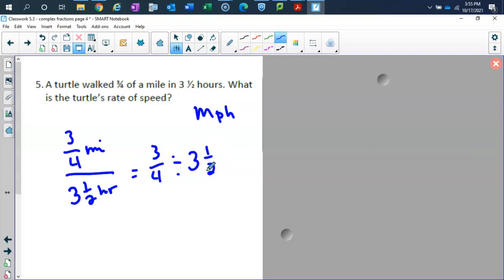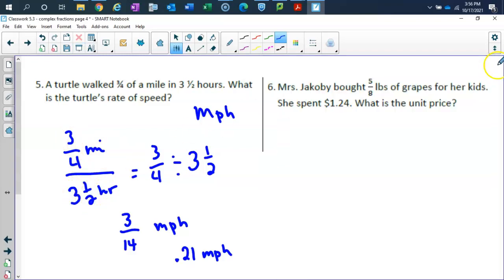And when you punch this into your calculator, you're going to get 3/14 of a mile per hour. Now, if you had that as a decimal, you would have 0.21 miles per hour. And that's going real slow. Think about it. This turtle only went 3/4 of a mile in over 3 hours. So it's walking real slow.